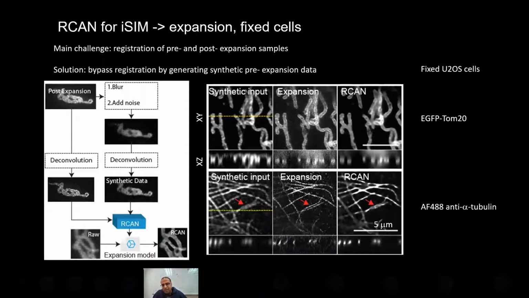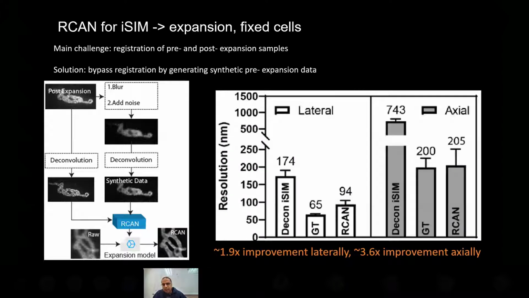And if you quantify that improvement on actual real data, not synthetic data, we find around a twofold improvement laterally. So you get to around 100 nanometer resolution using this expansion microscopy network, and almost a fourfold improvement in Z. So more of an improvement in Z.